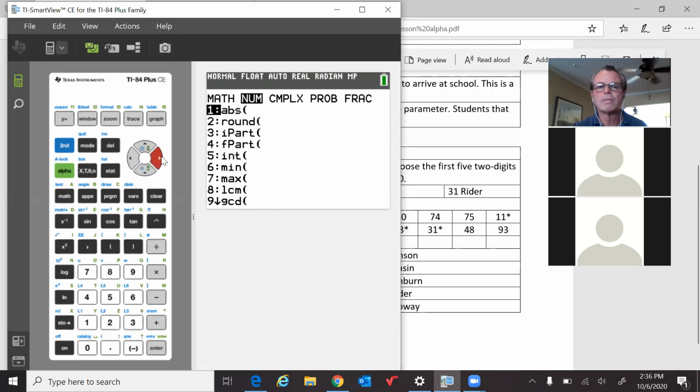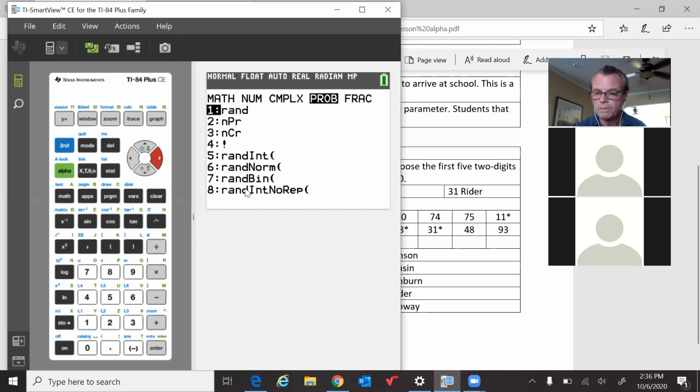math, PRB, 5 is with replacement. It puts the number back in. 8 is without replacement. So if you have 8, it kind of makes your job easier because if you have 5 and you wanted 3 kids, you might have to pick 4 or more in order to make sure you don't get repeats.